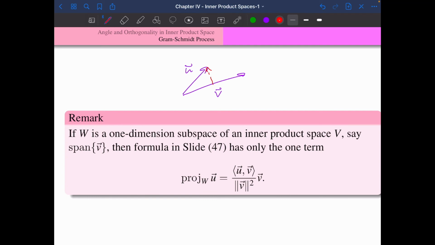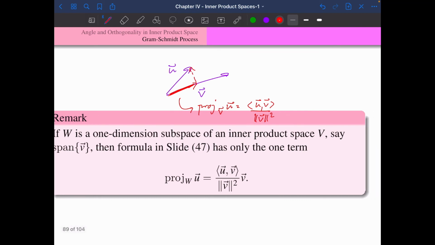The projection of the vector u on V is the red vector here. We have the formula for the projection of u on V: the inner product of u and V over the norm of V squared, times vector V.